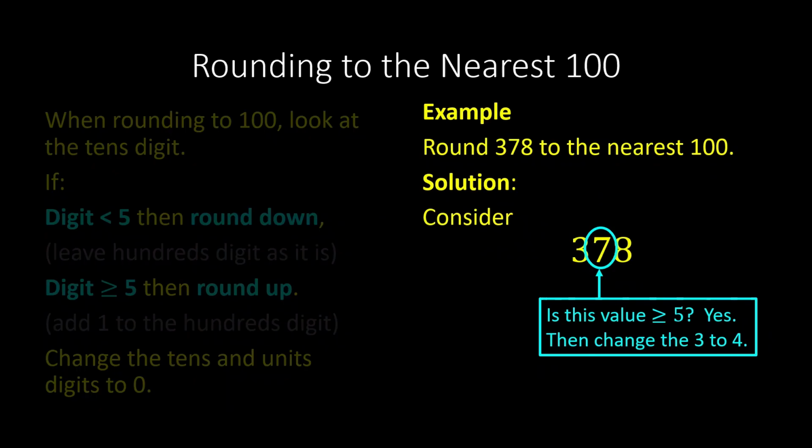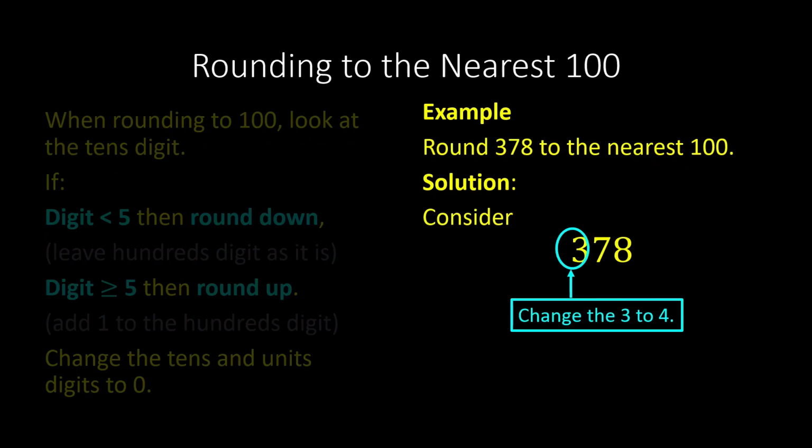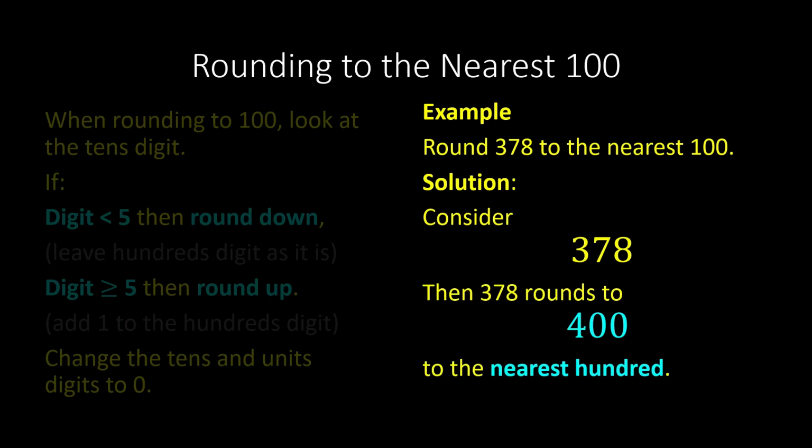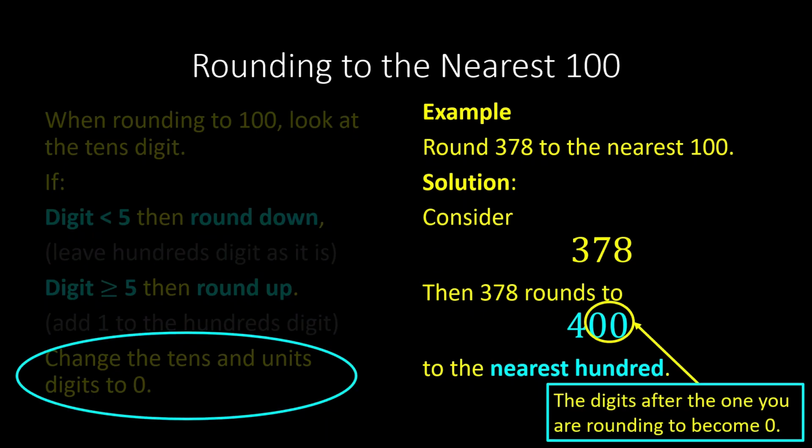Therefore, we change the 3 to 4. Therefore, 378 rounds to 400 to the nearest 100. And we change the tens and units digits to 0, as shown here.